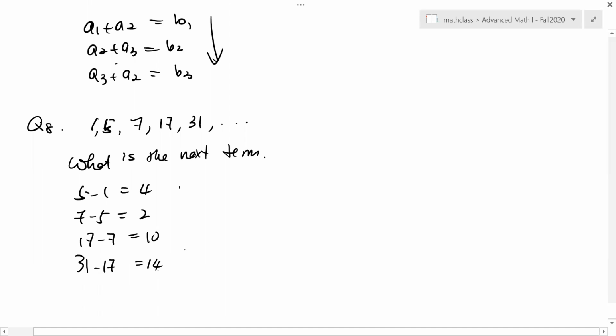But I don't see any pattern here. 4 to 2, 2 to 10, 10 to 14, acting strangely. The sequence behaves strangely. There's no pattern. I cannot tell. So this does not work.